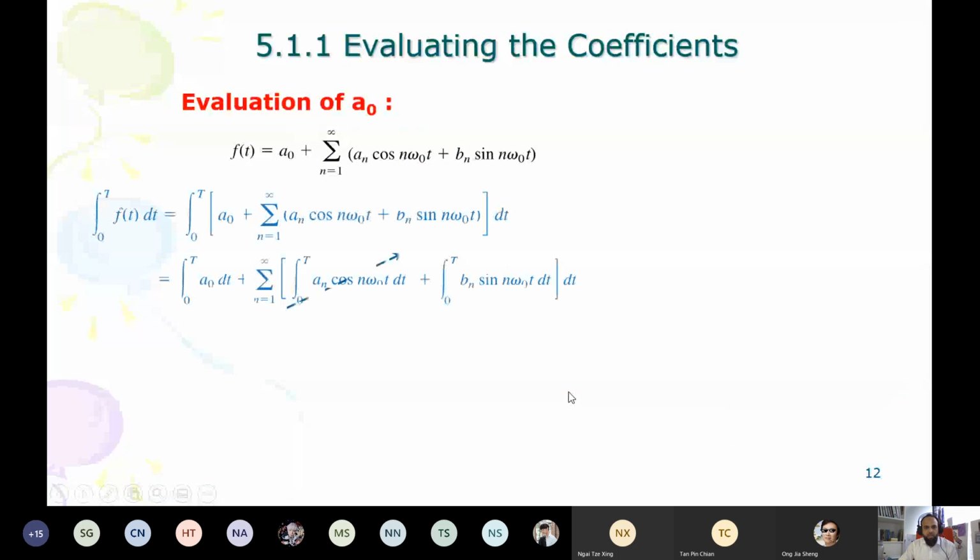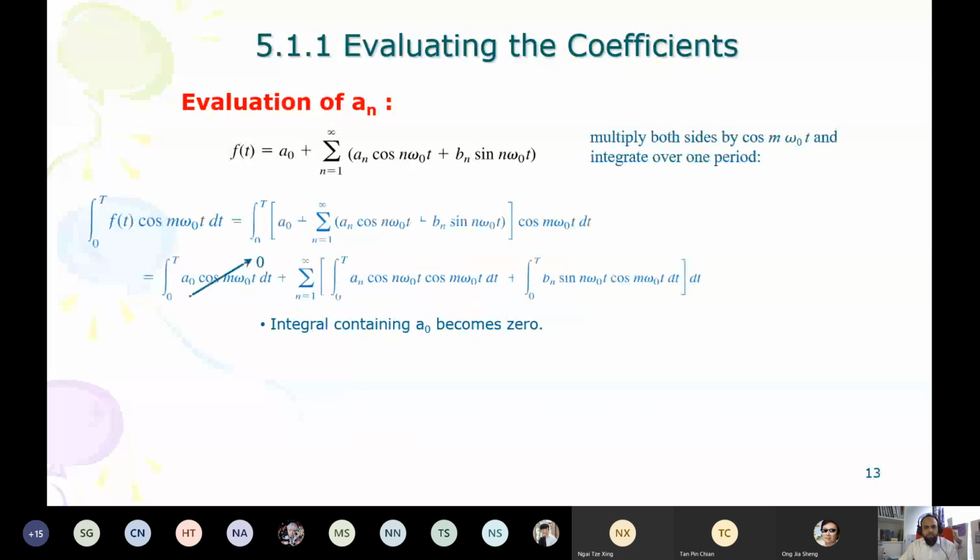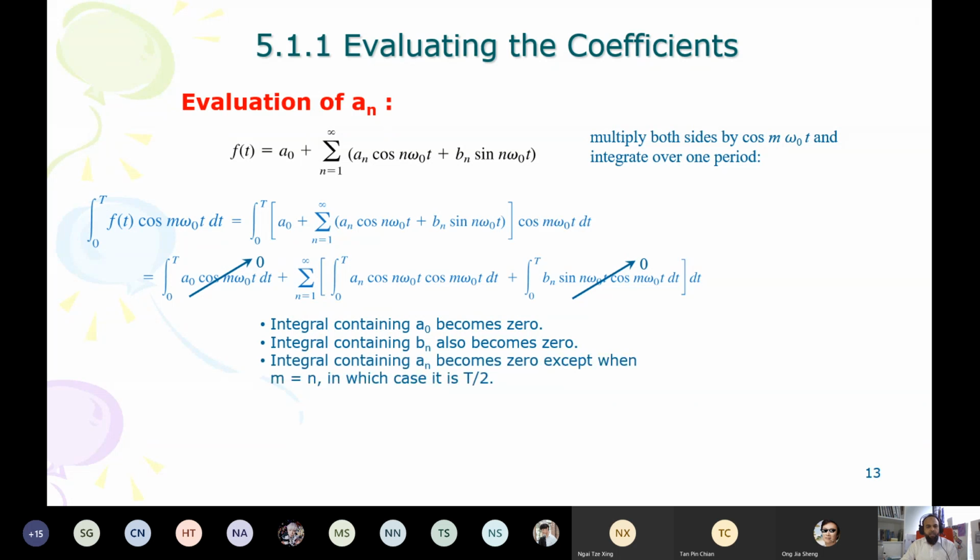So when we are looking at an, you see that this will be 0 obviously. This is two different frequencies, also 0. This will be 0 for all m not equal to n, but only when m is equal to n, it will be equal to T by 2. I just showed you.